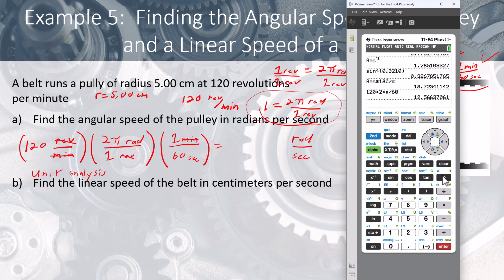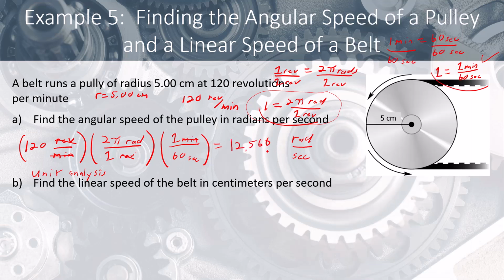And that right there is my answer in radians per second. That's going to be 12.566. Now we want this at 2 decimal places. My third decimal place is larger than 5, so this is going to be equal to 12.57.